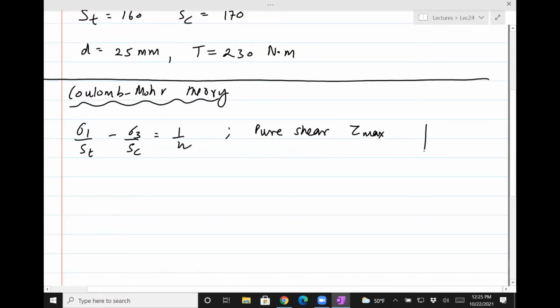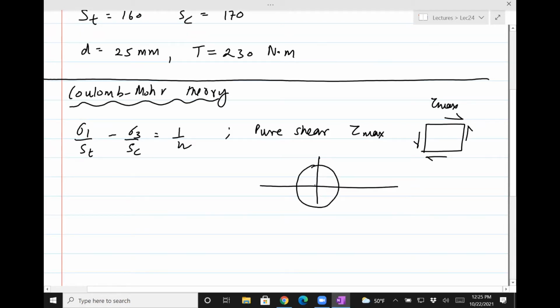And so it will be something like this. You can draw the Mohr circle for this. It's pretty simple because it will be a circle centered at 0, 0. This will be tau max. This will be minus tau max.